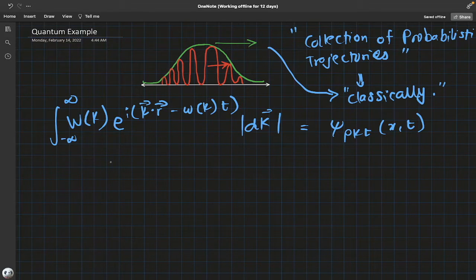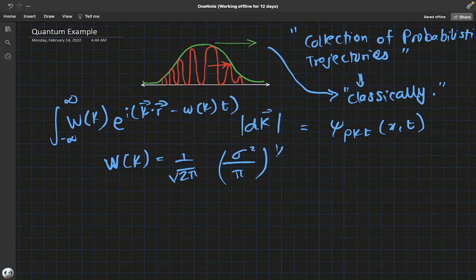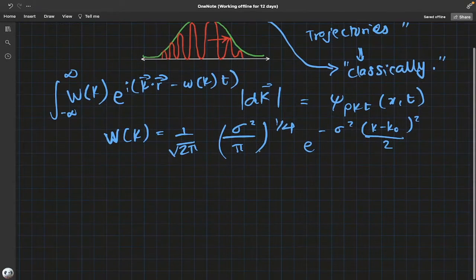Say someone told us what the weighting function is for the superimposition of plane wave solutions. They told us it's 1 over square root of 2 pi, sigma squared over pi to the 1/4, e to the negative sigma squared (k minus k naught) squared over 2. With all of that, we can just plug that in because we need to solve for the wave packet.